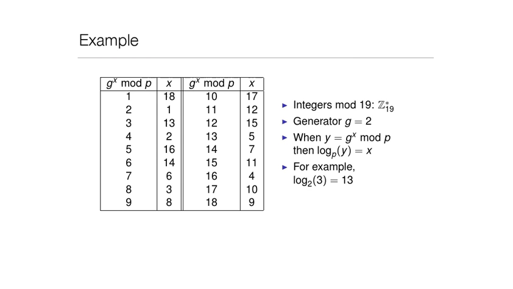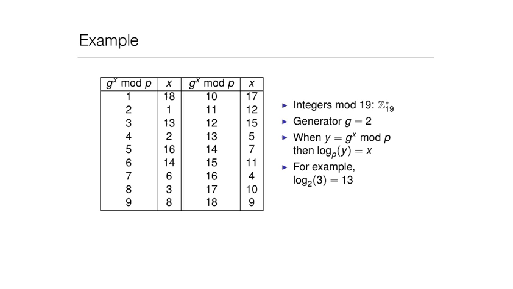Okay, this is an example of how to compute the elements in a group. Here, integers mod 19 are used, Z star 19. All the elements less than 19 are relatively prime to 19, so there are 18 elements in this group.